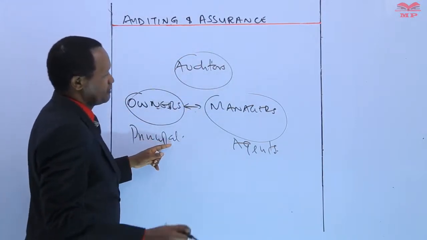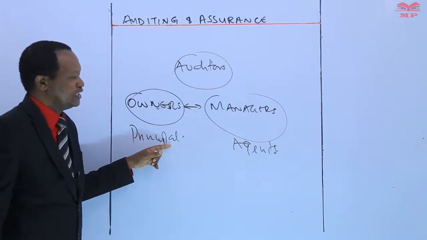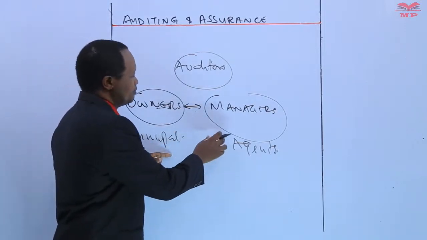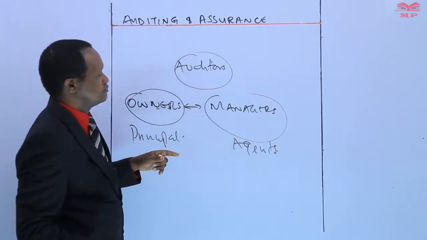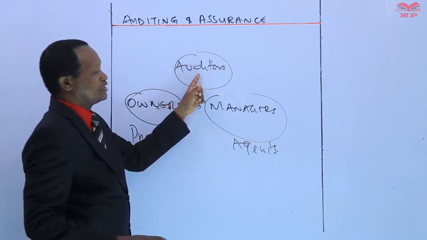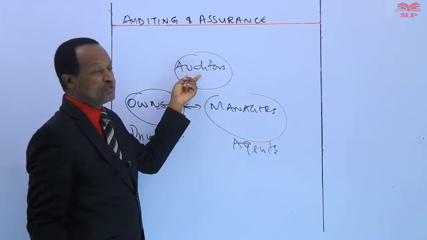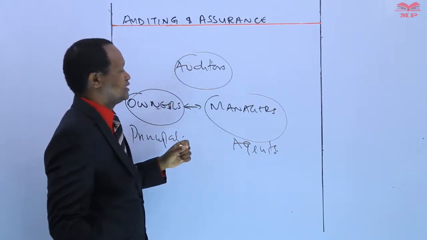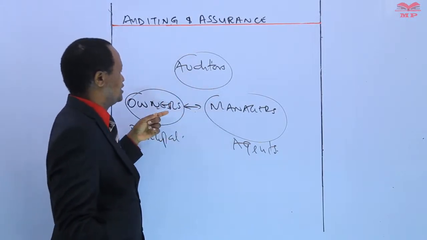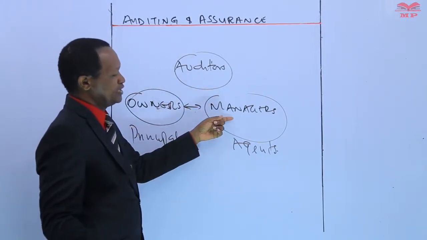Auditors play a crucial role in resolving the agency problem, because now these auditors, you've said, are independent individuals or parties. It's an independent party, independent of management.